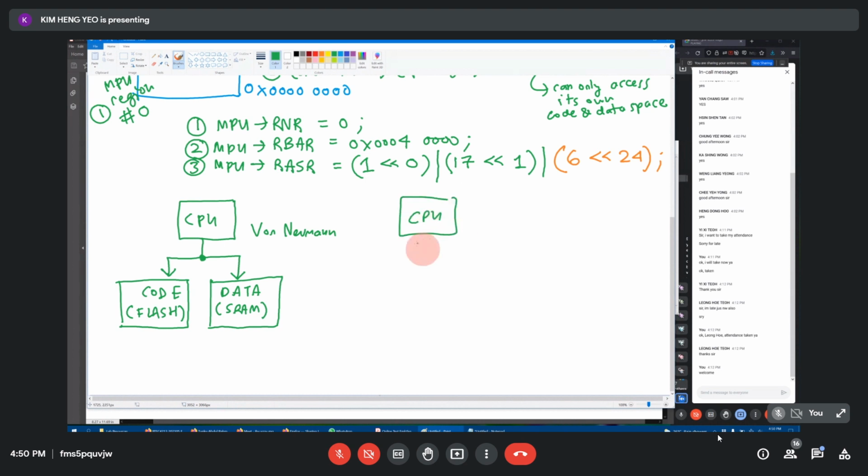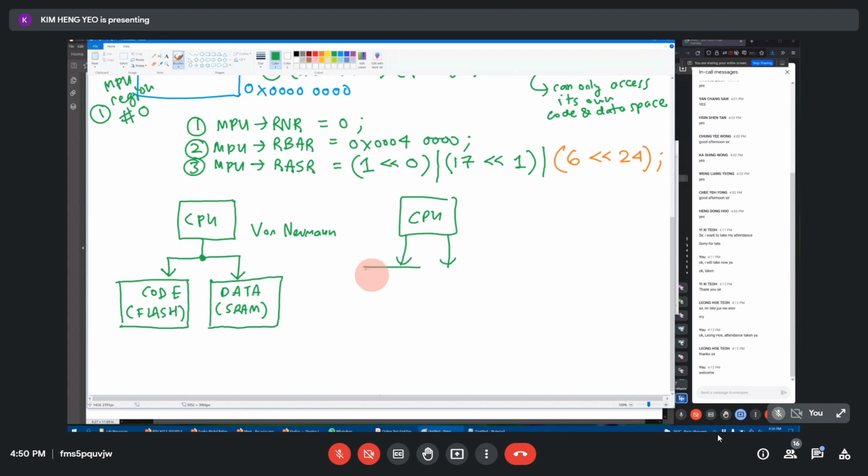While on the other hand, the Harvard architecture, it's designed in Harvard University, right? Von Neumann is a person. Harvard architecture is called after the computer science team at Harvard that came up with this model during the 1950s, 1960s. Okay, so I drew it wrongly. It's two separate buses.